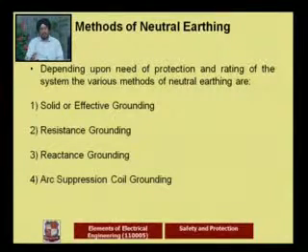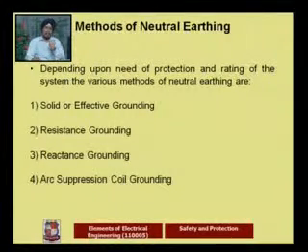Resistance grounding, as the name suggests, adds resistance into the neutral. Reactance grounding, where again some coils or inductors are added, and arc suppression coil grounding, which is a better form of reactance grounding. So as per the requirement, suitability, or the nature of the fault current we can calculate, we can go with the different types of neutral earthing.